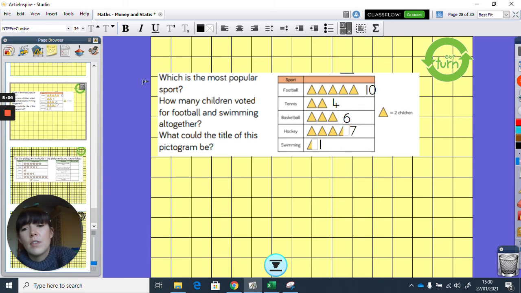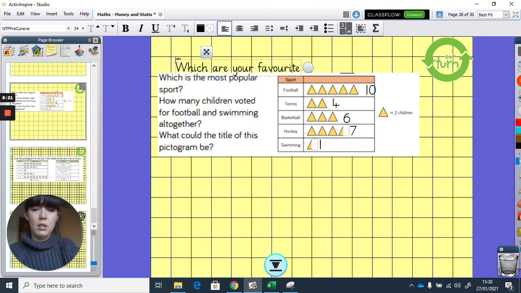What do you think the title of this pictogram could be? Now, it's probably more than one thing that it could be, but I might say, which are your favourite? It's a hard one, really, isn't it? What is your favourite sport?